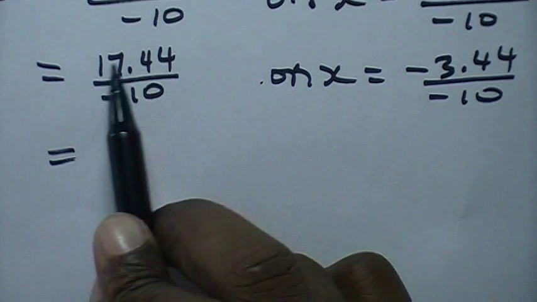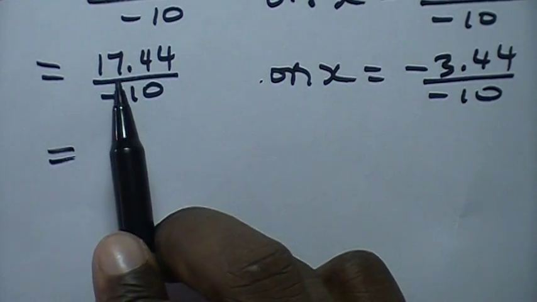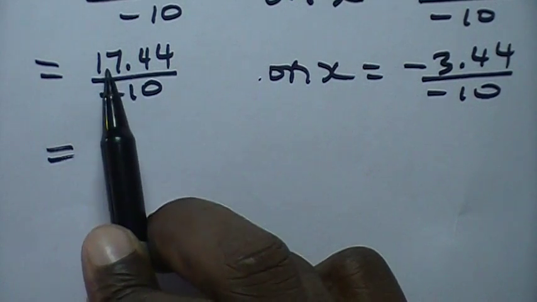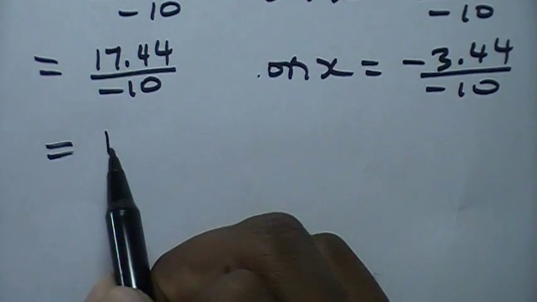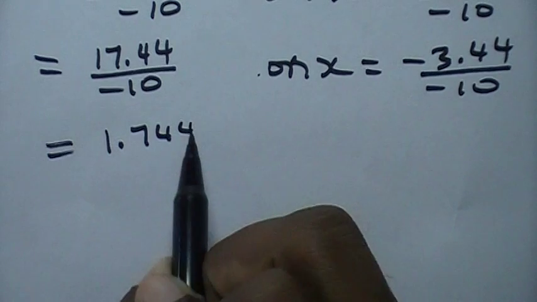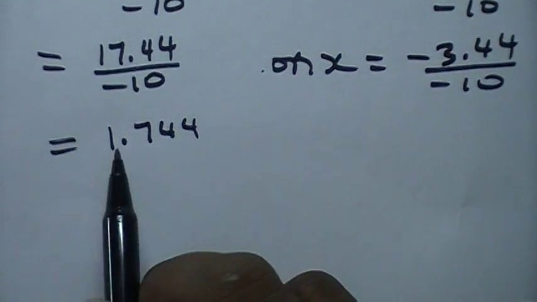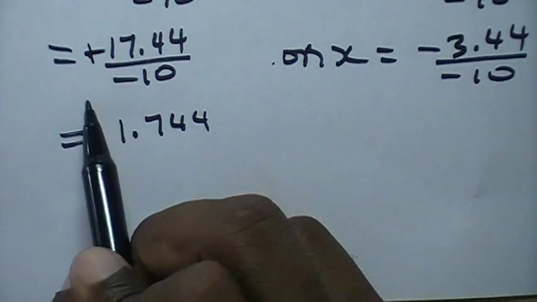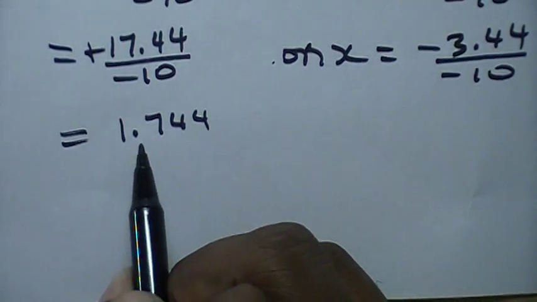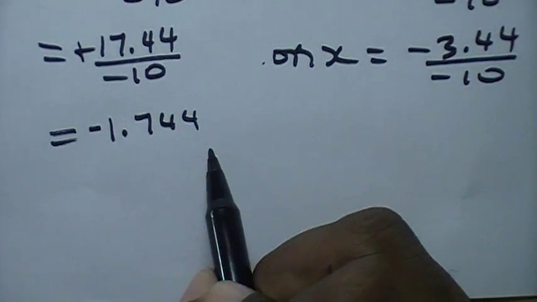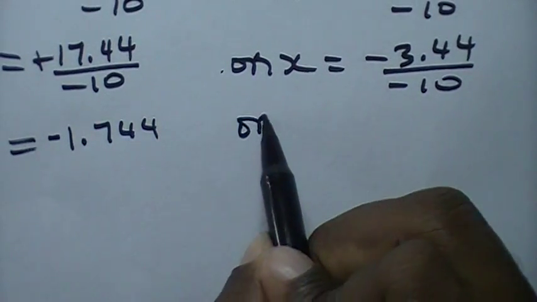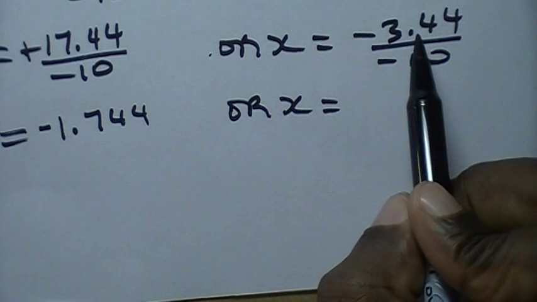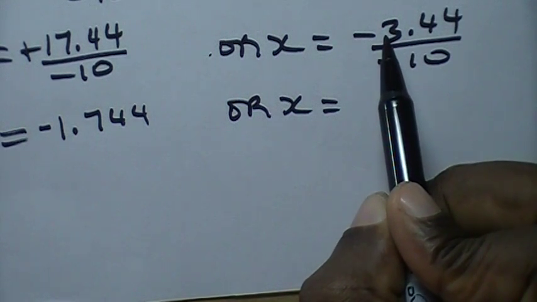Okay, dividing this top number by 10, the point moves 1 place to the left, because we're dividing by a power of 10. The first one, dividing by 10, move only 1 time. So you have 1.744. And unlike signs, so that's going to be negative 1.744. Or x equal to, let's work on this part. Dividing by 10, move 1 place to the left.